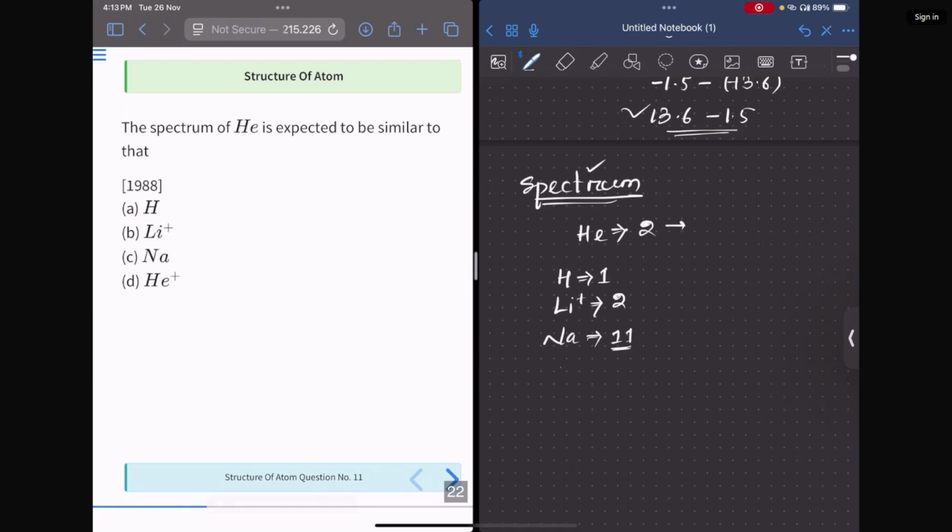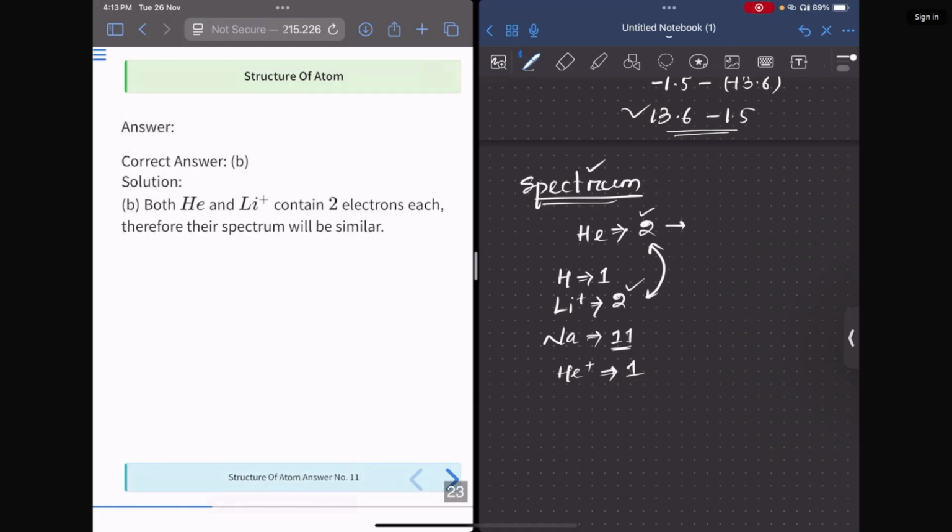Helium plus contains one electron. Helium and lithium plus ions are similar in the number of electrons; helium has two electrons, and lithium plus also has two electrons. So the spectrum of helium will be similar to that of the lithium plus ion. Let's move on to the next question.